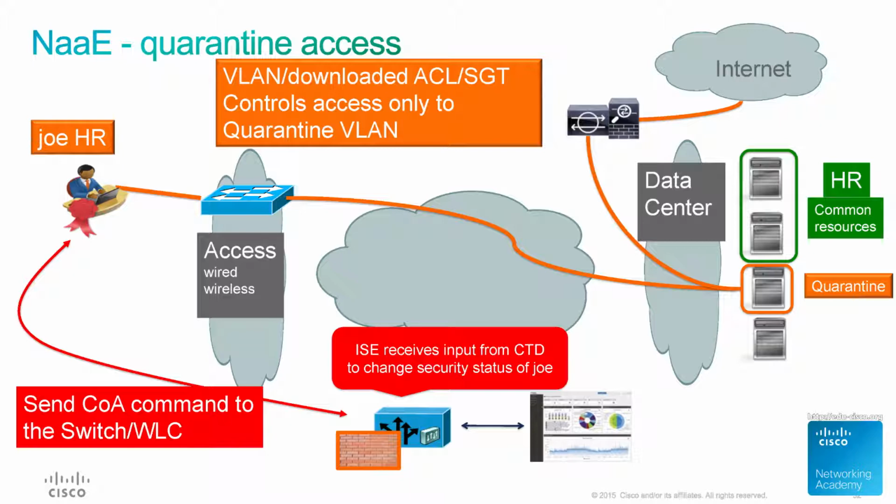Someone shut me down. Then he goes from wired to wireless maybe. But he still needs to go to ICE, even if he changes IP address. We see the username of the device. He then might want to try to VPN. Again, same thing. ICE controls access. So once we have you in ICE as quarantined, you're quarantined everywhere, even if you change IP addresses and access methods. So you can run around as much as you want.